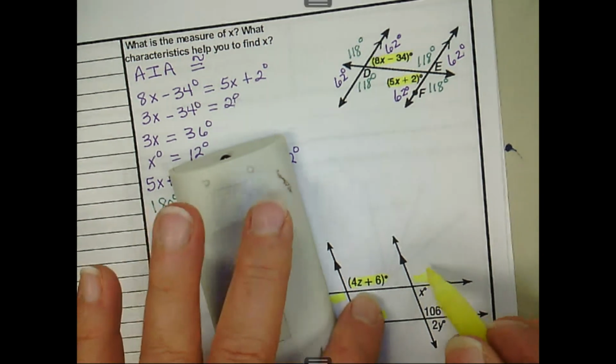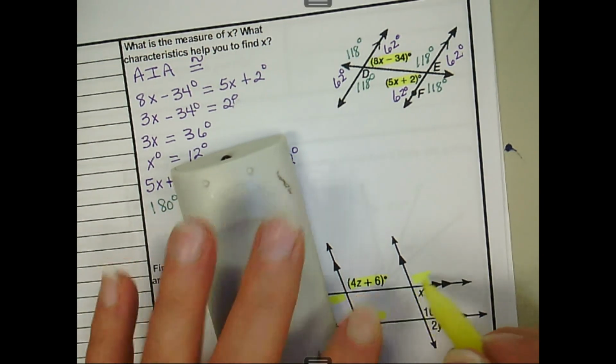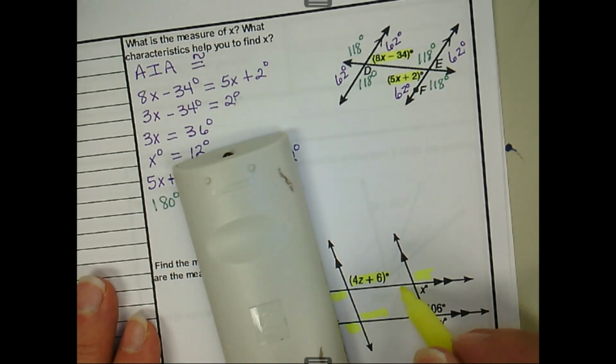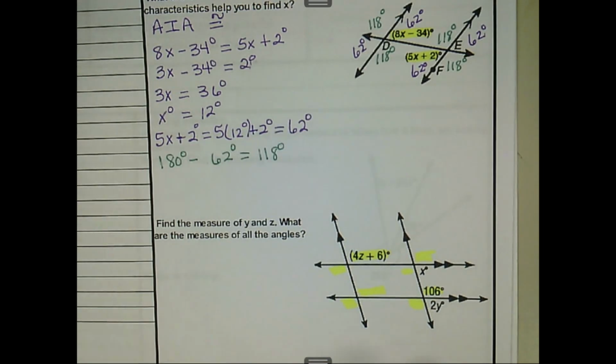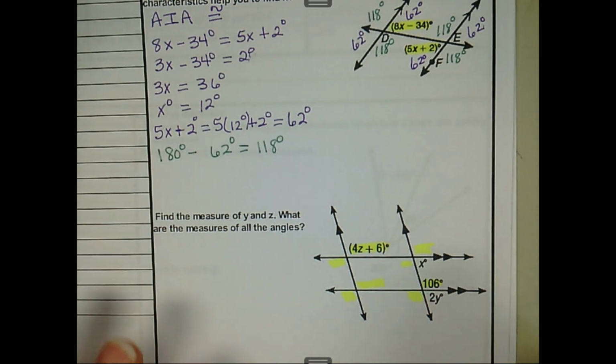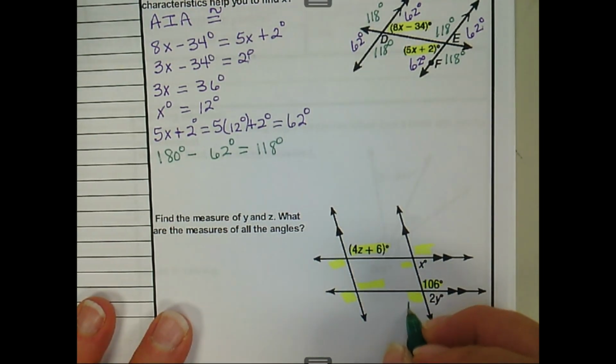These two angles are corresponding, which means that these two angles are vertical. This corresponds to this top one, and that is vertical there. Those 8 angles are congruent. So I know they're all equal to how many degrees? 106.